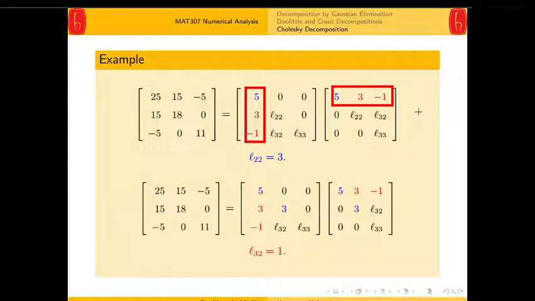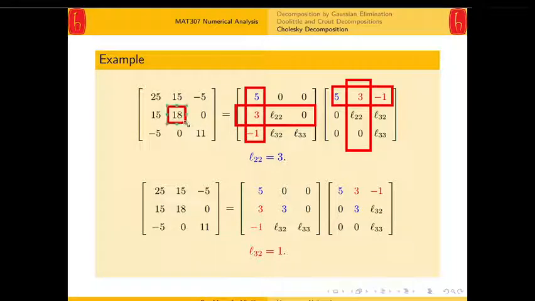Now we can, for example, multiply the second row with the second column. This way we have 9 plus L22 squared, which is equal to 18. So L22 squared will be 9, so L22 will be 3, because it is positive. So we put 3 there.